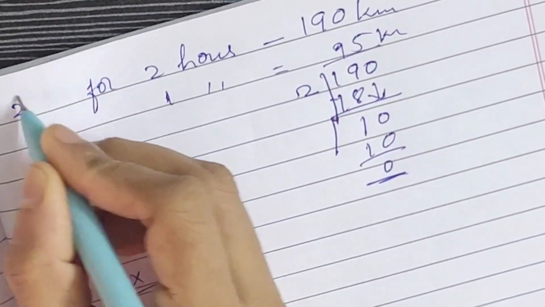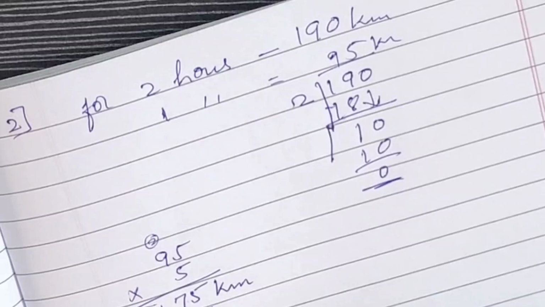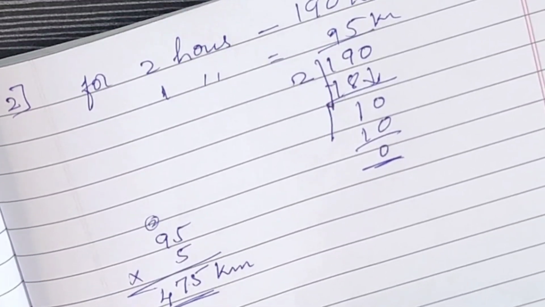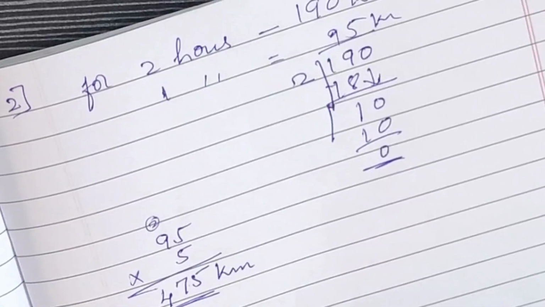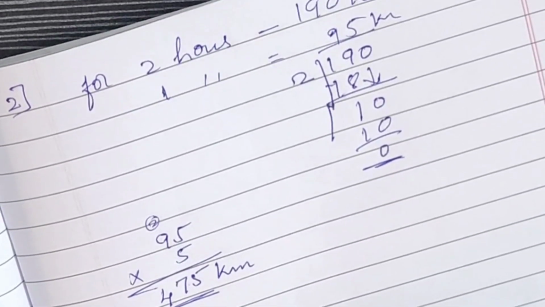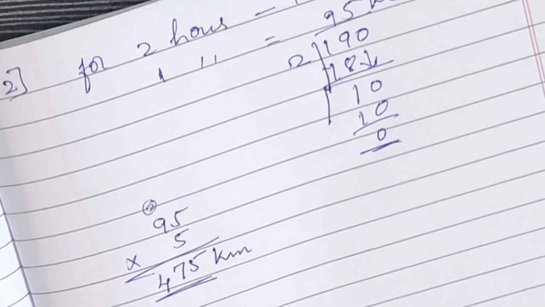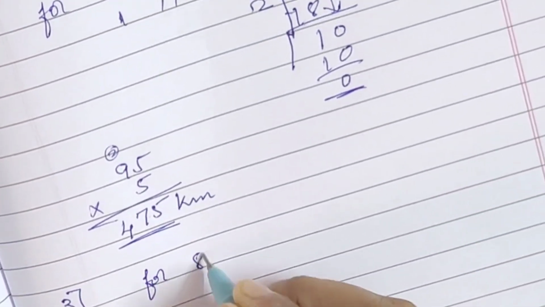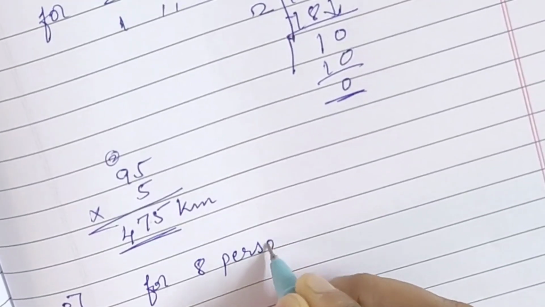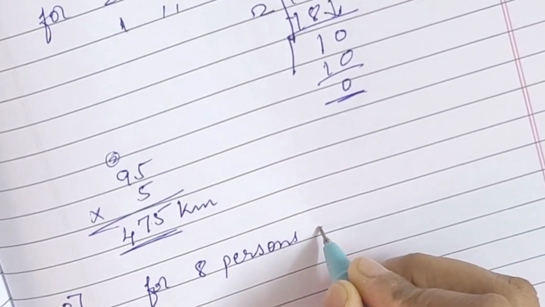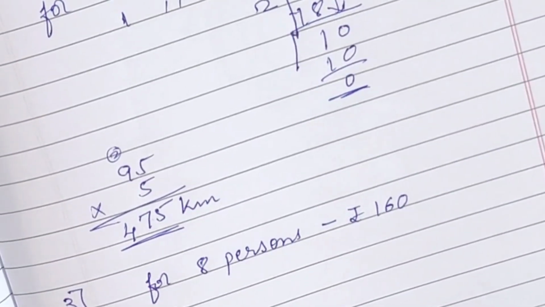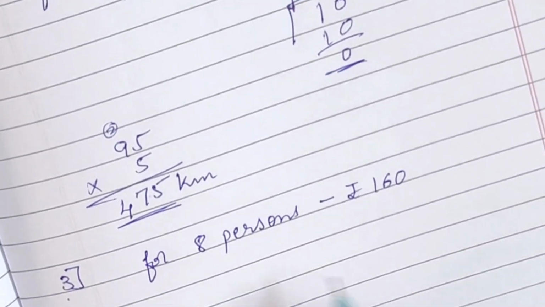Next, the entry ticket to a carnival costs 160 rupees for 8 persons. How much does it cost for 6 persons? For 8 persons, how much costs? Rupees 160. So you have to find out for one person.